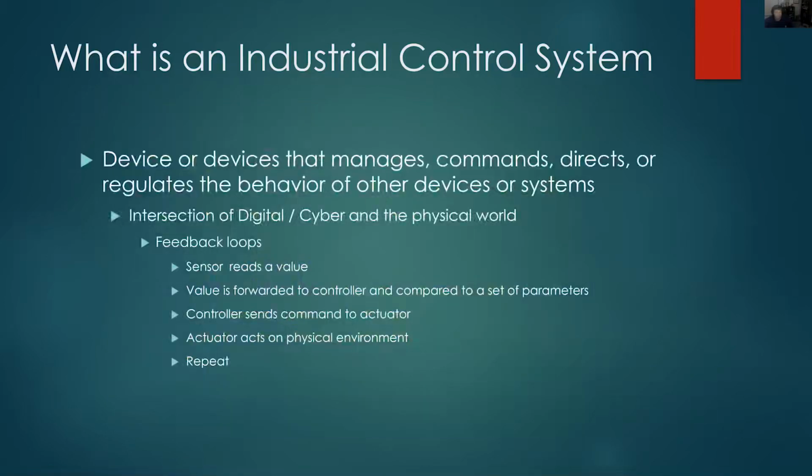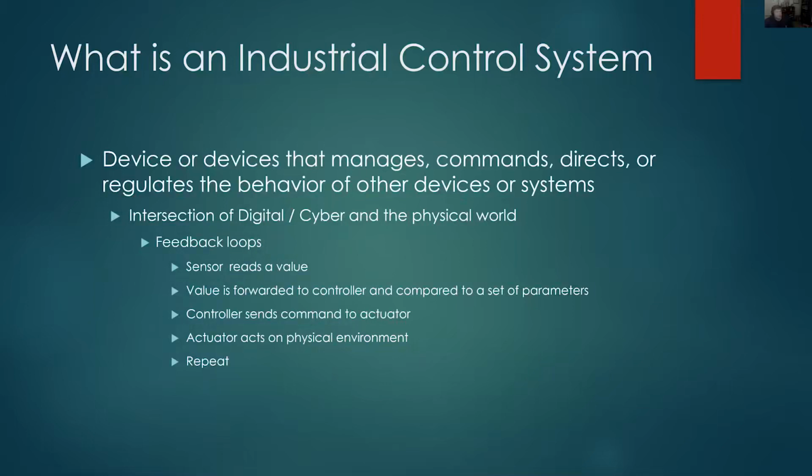So what is an industrial control system? These are the devices that act as the interface between the digital and the physical world. They operate on a feedback loop where a sensor reads a value. The value is forwarded to a controller and compared to the parameters that have been set by the operator.